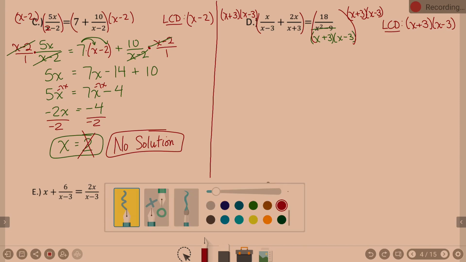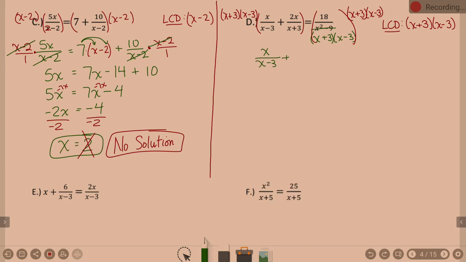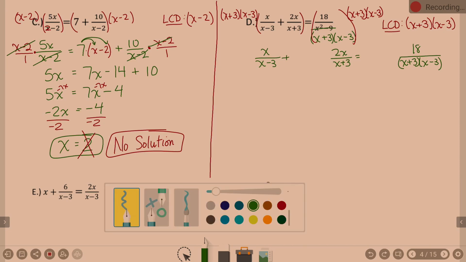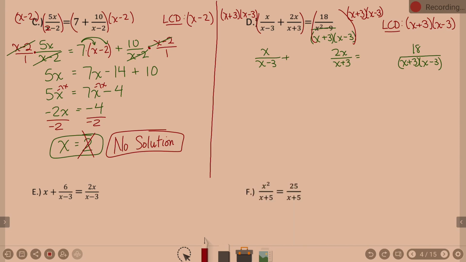So I'm going to spread this out. X over x minus 3 plus 2x over x plus 3 equals 18 over x plus 3, x minus 3. So all I did is I rewrote the equation, leaving space to multiply each term. Each term gets multiplied by x plus 3, x minus 3. How are we going to make those fractions?